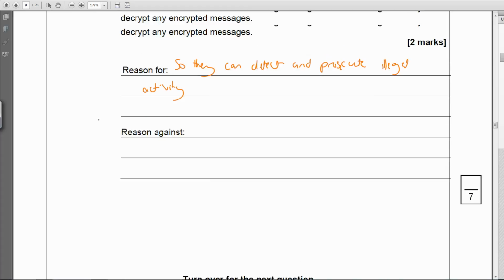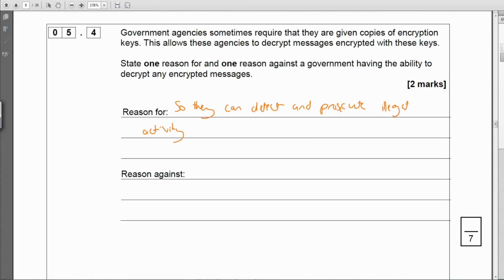A reason against would be, how would you phrase that, a personal privacy argument. It could be viewed as an invasion of privacy. There's not really a best way to describe that, unfortunately.